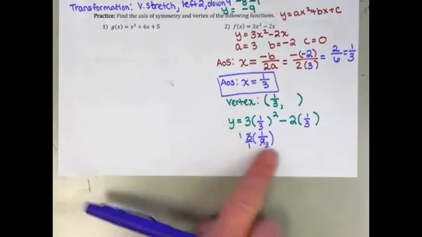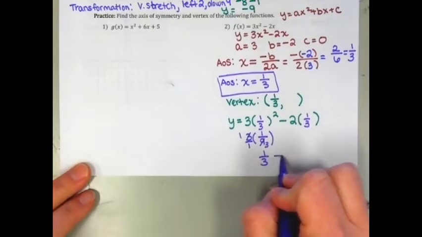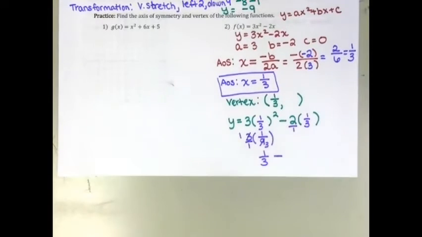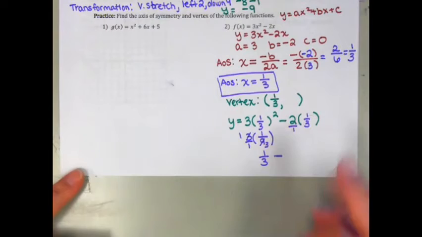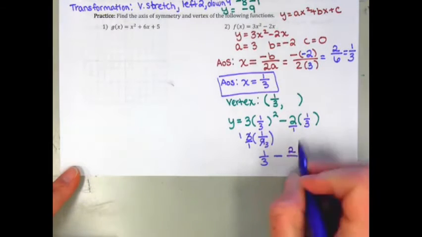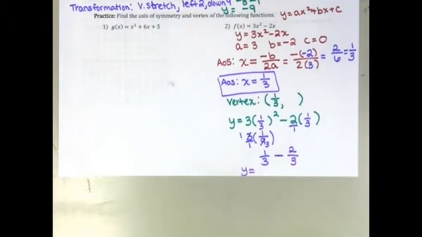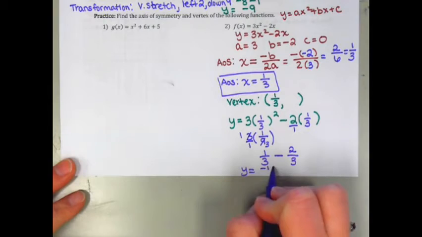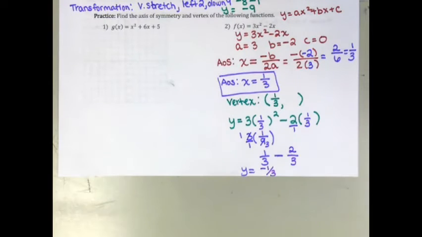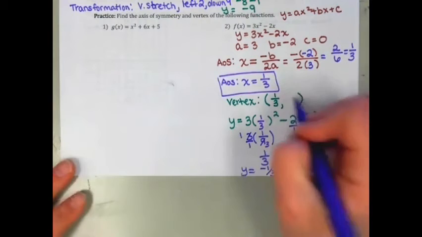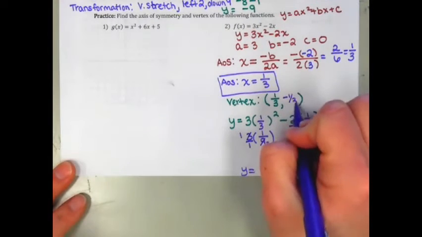If I cross simplify, minus 2 is the same thing as 2/1, right? Can I cross simplify that one? No. So 2 times 1 is 2, and 1 times 3 is 3. Hey guys, this is kind of nice because isn't that common denominators? So what's 1 minus 2? -1, and we leave our denominator the same. So what is the y coordinate? -1/3.